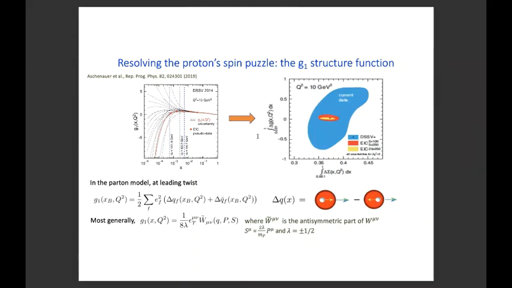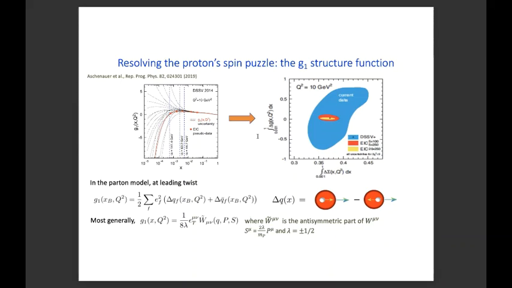So, the way you do it in perturbative QCD, you have some initial data at some initial scale in Q squared at all possible x's, and that's based on, say, Regge theory or some prejudice, some model that you have, and then you extrapolate this to higher values of Q squared. Now, in the parton model, what is our interpretation of G1?